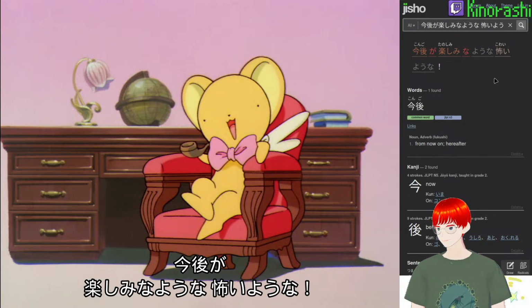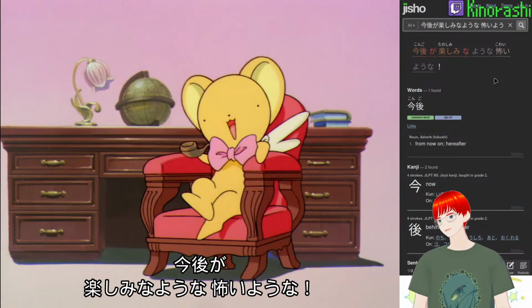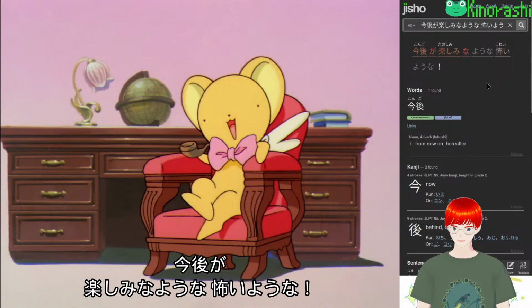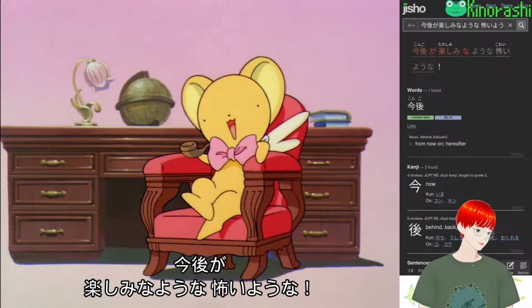Kongo ga tanoshimi na yo na kowai yo na. So from hereafter, it'll be fun and scary. Let's see. I'm both excited and a little scared to see what happens next.